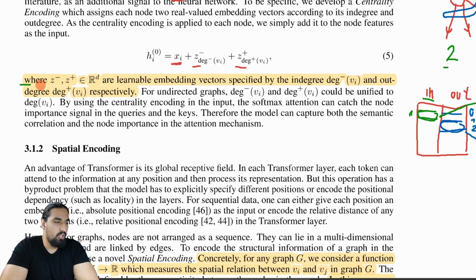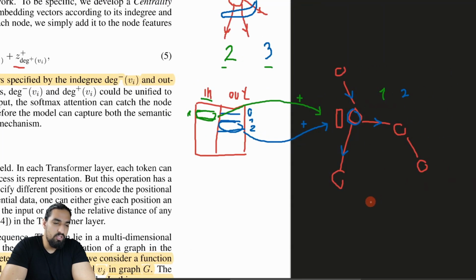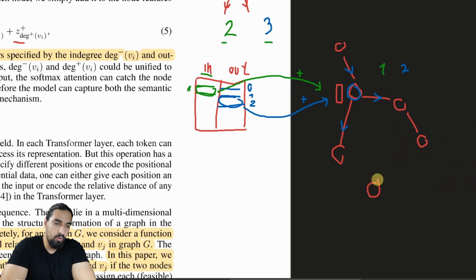They say it here, where z minus and z plus are d-dimensional real-valued vectors, so they are learnable embedding vectors specified by the in degree and out degree respectively. Now imagine you had a certain influencer node which had a bunch of ingoing edges, maybe 1,000, and you had another node that also had 1,000 in degree edges.